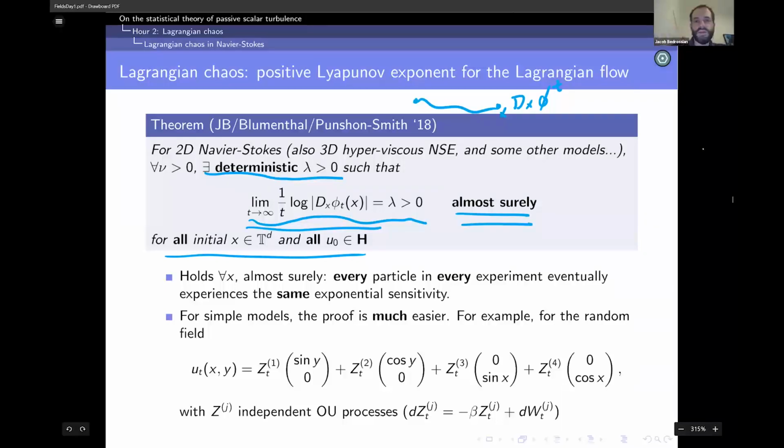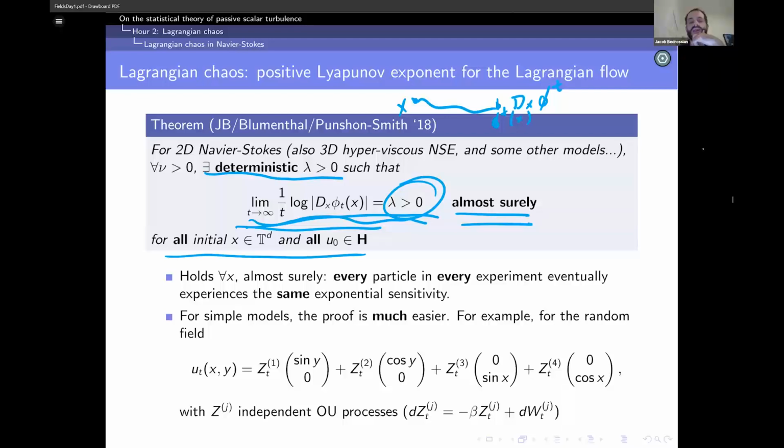You have x, and then you have phi t of x here. You want to understand the derivative of this position based on small changes of the initial condition, and you want to see that this grows exponentially. This is the most basic notion of chaos. This would be a positive Lyapunov exponent. Asymptotically, this growth rate is exponential. That's what it means for it to be strictly positive.